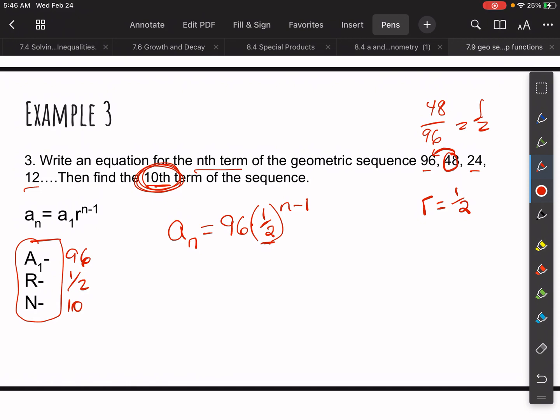Now let's find it for 10. For the 10th term, we're going to say 96 times 1/2 to the 10 minus 1. That simplifies to 96 times 1/2 to the 9th power.